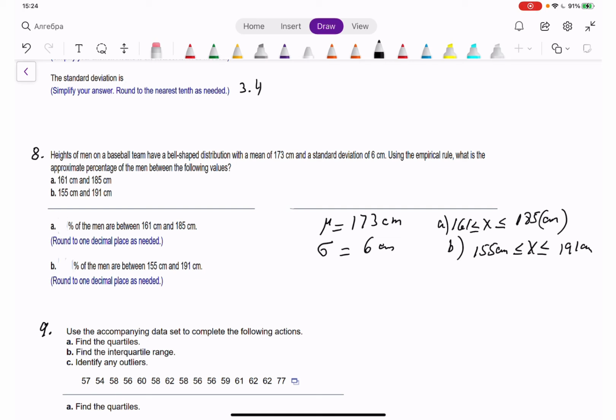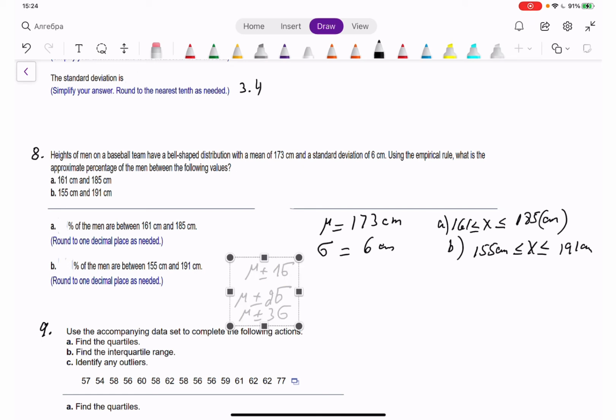Okay, we are going to use the empirical rule. So, first case, I'm going to use mu plus or minus 1 standard deviation. Then, if it won't match these limits, I'm going to use mu plus or minus 2 standard deviations and mu plus or minus 3 standard deviations. It should fit one of them. Because this is a template for calculation, I put in different colors so you can see.